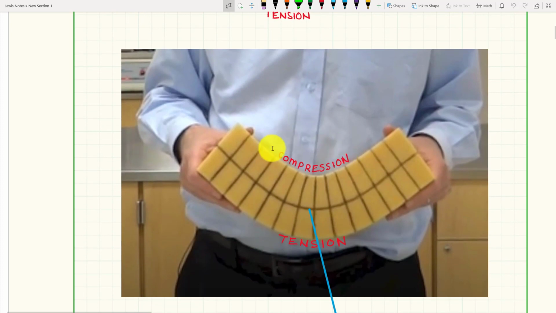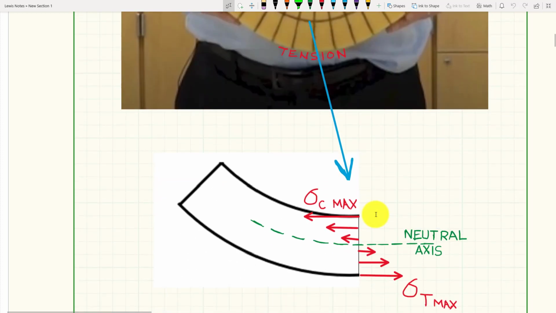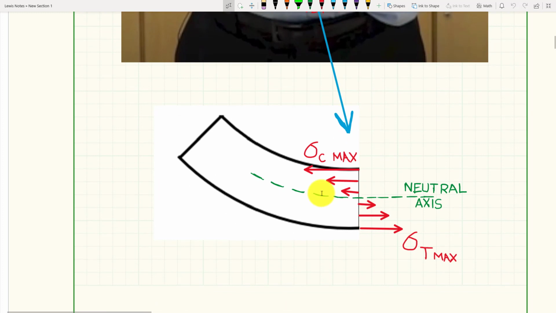So if I'm looking at this picture here, I'm seeing that the compression is going to be here. And if you notice, the compression is variable as we go through here, just like the tension is going to be variable. When I take a cross-sectional cut of that beam, somewhere within that beam I'm going to see that we have a neutral axis running through here.